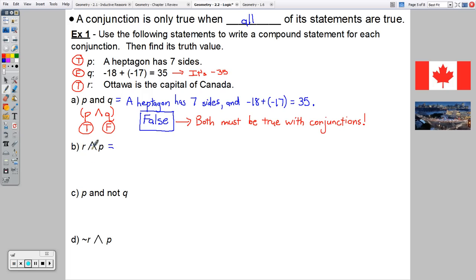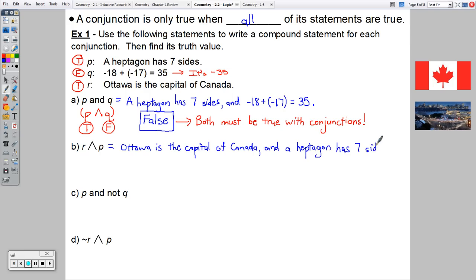So R and P now. Let's write it out first. Ottawa, that's the R statement up here, is the capital of Canada. And then P, a heptagon has 7 sides.